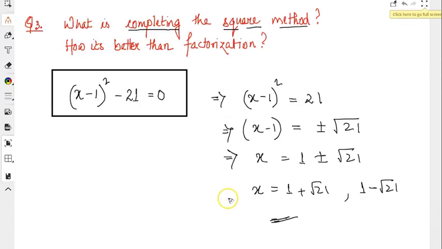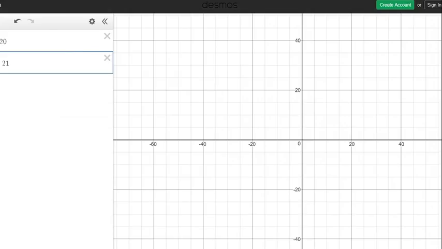Now let me show you something. This is known as desmos.com, where you can put the values, and if you write the equations here, you will get the curve. Let me show it to you.